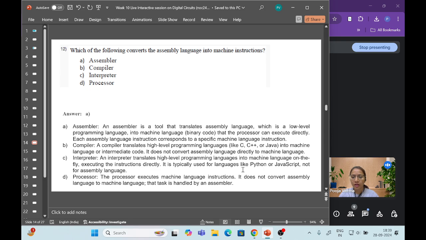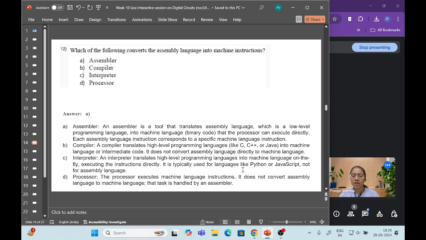Now, what is the purpose of the compiler, interpreter, and processor? The compiler transforms a high-level programming language, that is C, C++, or Java, into machine language. It does not convert assembly language to machine language.